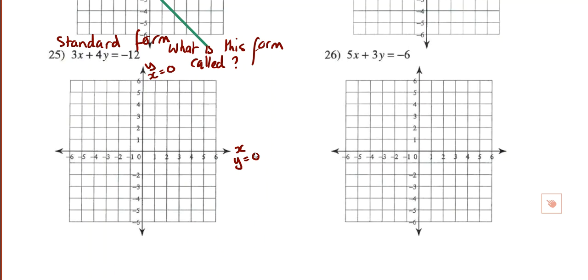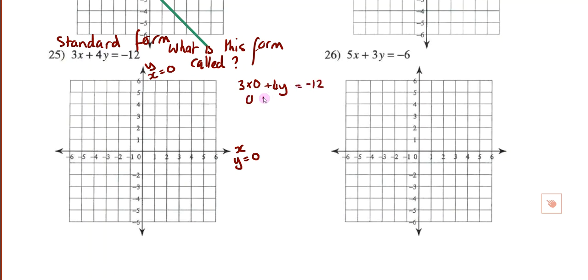Now, here's the thing. If I want to know where the line crosses the axis, I'm looking for where the x coordinate is 0, so I need to work out what the y coordinate would be. What would 3 lots of 0 be? 0. So 3 times 0, because x is 0, plus 4 lots of whatever y is, equals negative 12.